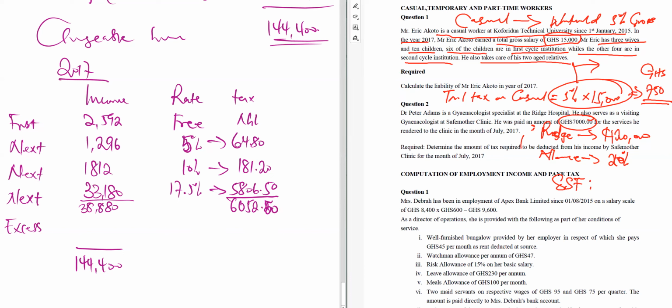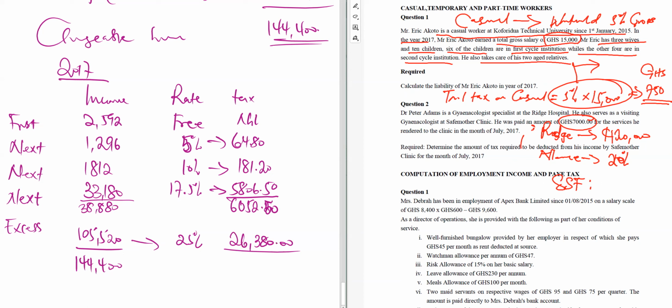And the excess is this. So what's the excess? When we take 144,400 minus our 38,880, we end up with 105,520, right? And this one is the excess, which will now be taxed at 25%. That's how we do the graduation. So this figure at 25% gives us 26,380. Okay.